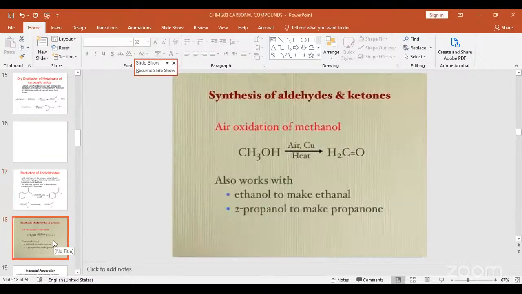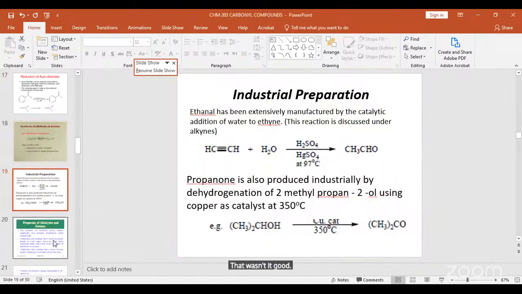Another one again is the catalytic hydration of ethyne. That will give you an aldehyde. And if you use the dehydrogenation of 2-methyl propanol, you're going to have propanone, especially in the presence of a copper catalyst.